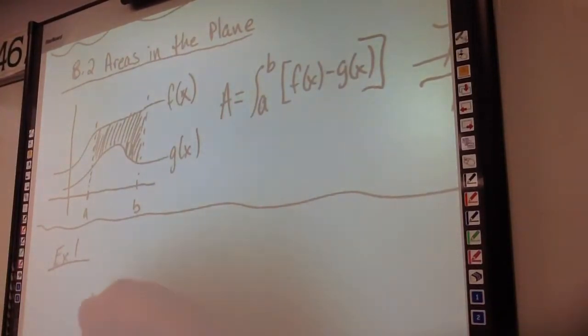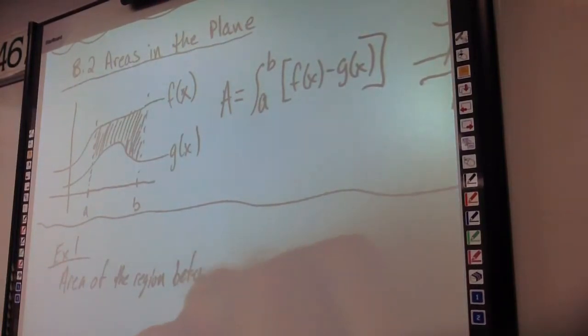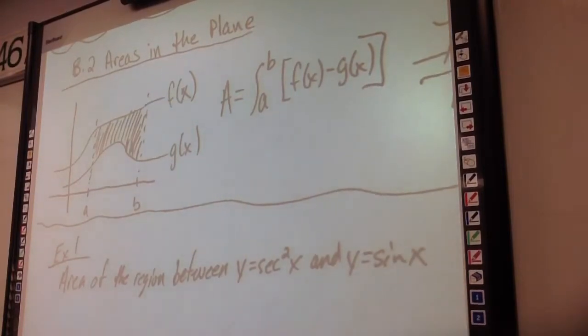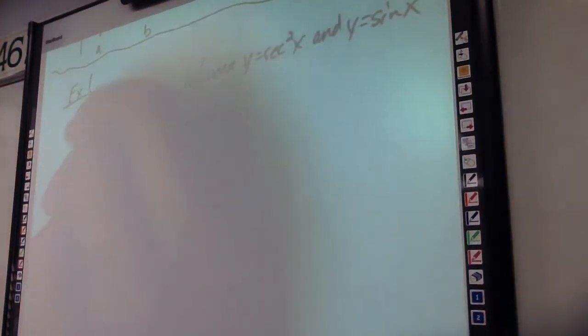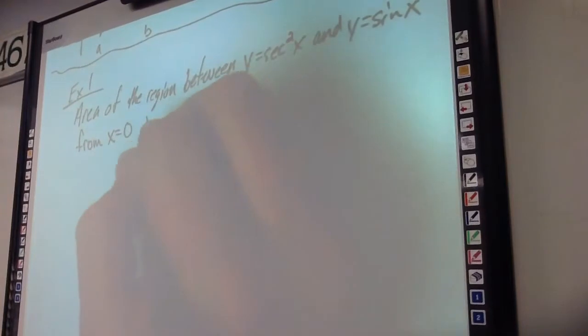Let's find the area of the region between y equals the secant squared of x and y equals the sine of x, from x equals 0 to x equals pi.